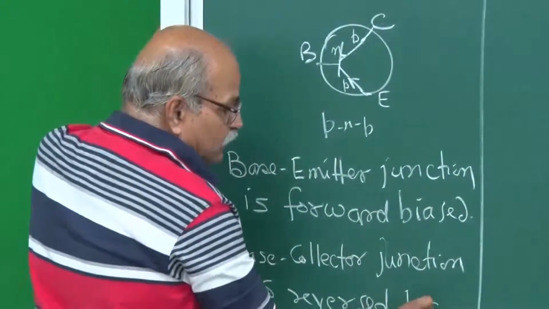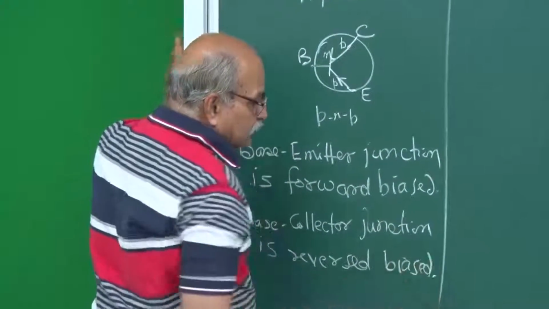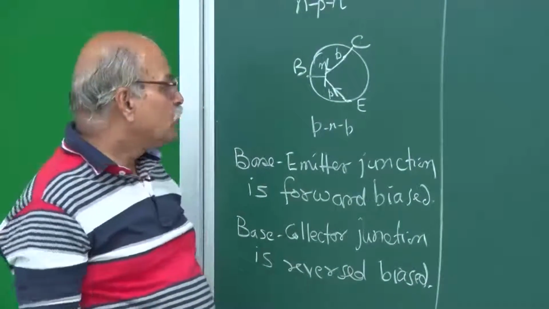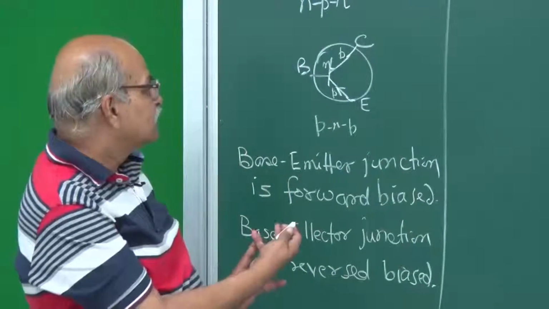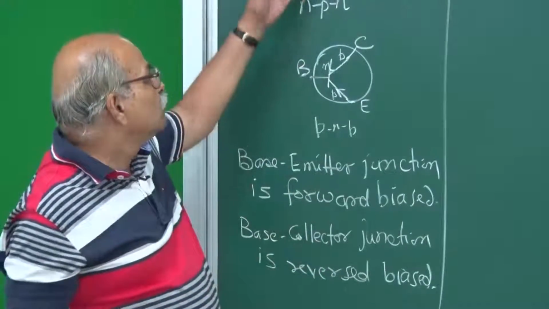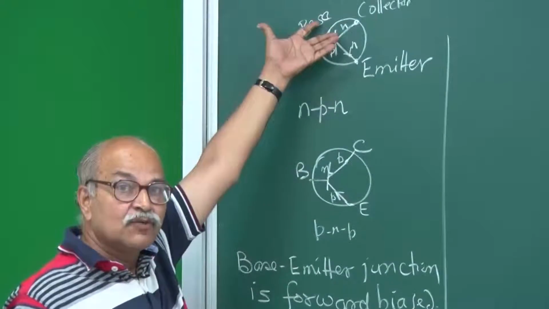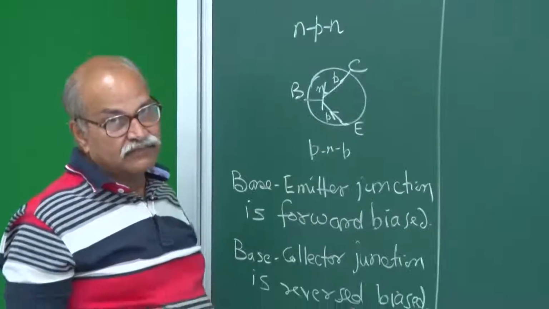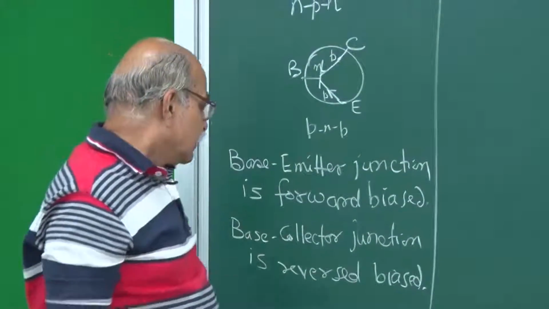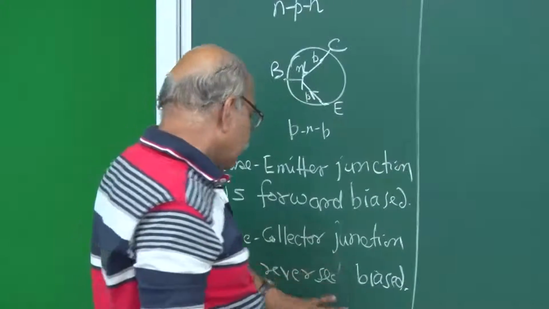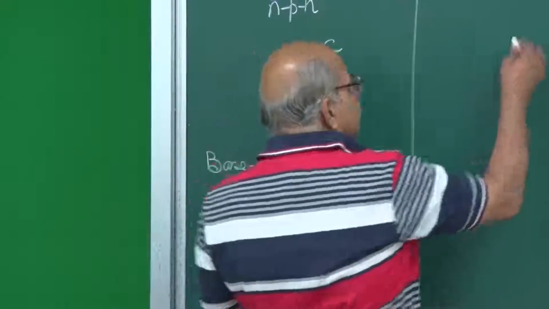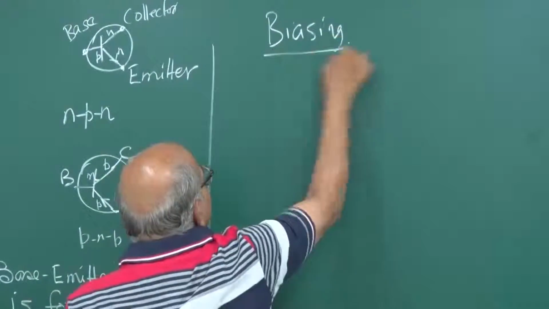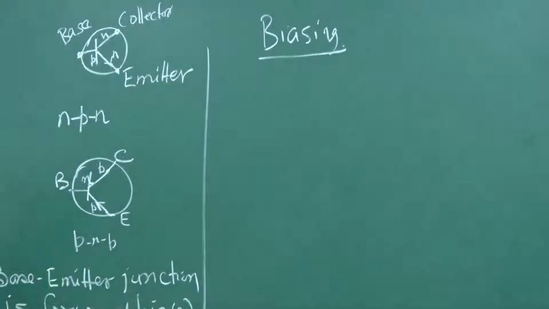I will just tell you why it is so, because the whole mechanism is based on this. So, how do I bias this transistor? There are two PN junctions, both have to be biased. One is to be biased forward and the other is reverse biased. That biasing in this fashion can be achieved in several manners.